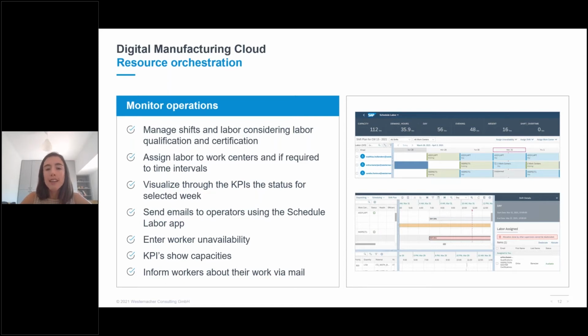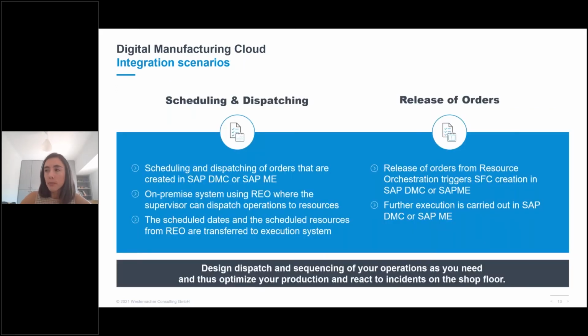So let's now discuss the scenarios that we can find when integrating REO with our IT landscape. So basically, within REO, we can perform the scheduling and dispatching of the operations, and we can also release the production and process orders.